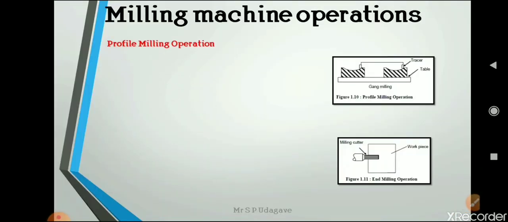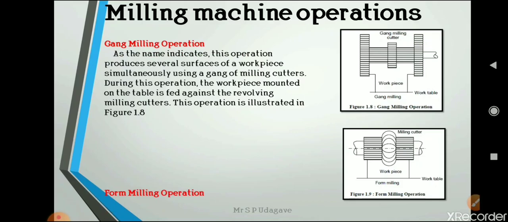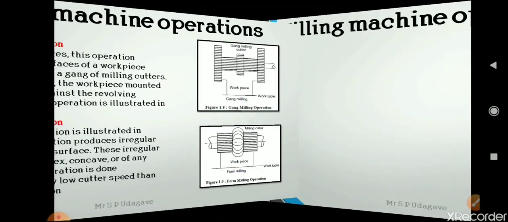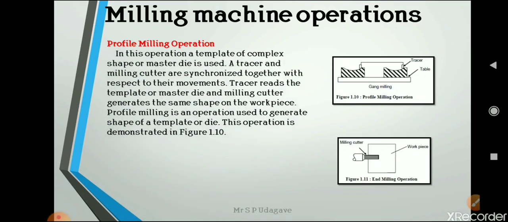Next one is the profile milling operation. In this operation, a template of a complex shape is used to manufacture different dies; a master die is used, and a tracer.